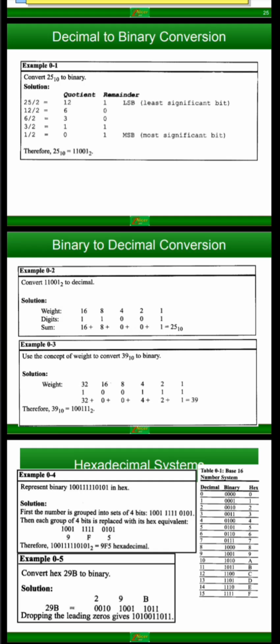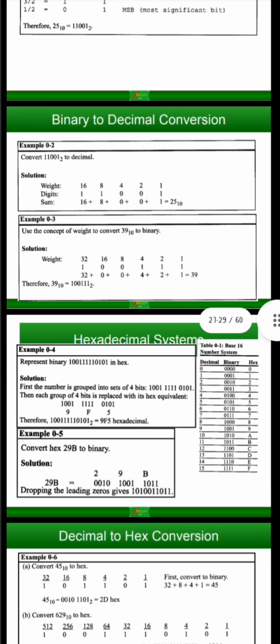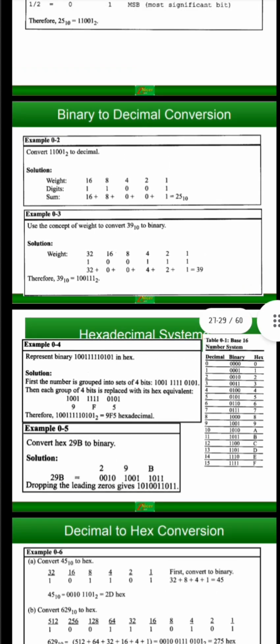So if we multiply 2 raised to the power of 0 by 1, it will generate 1. We will add it and so on. It will become the decimal number.